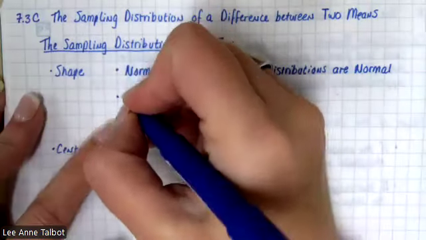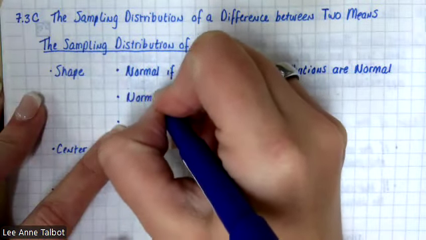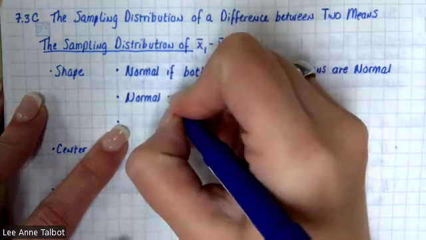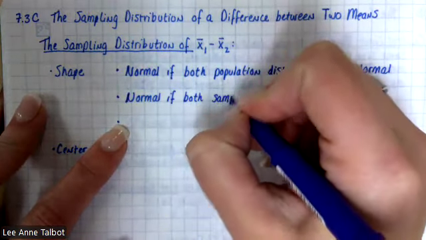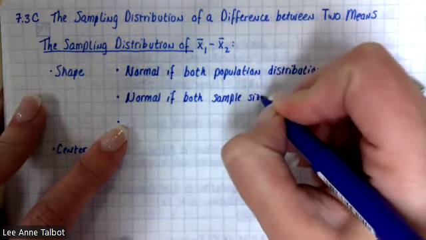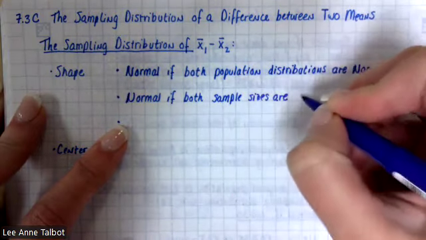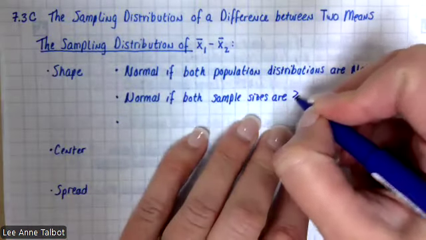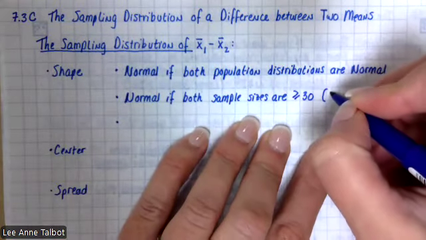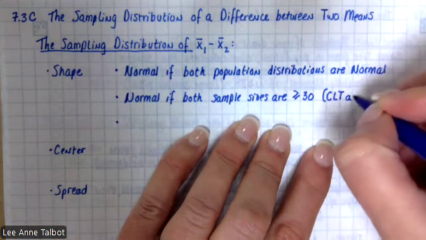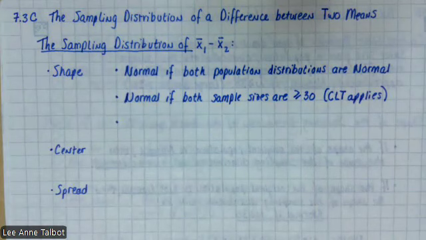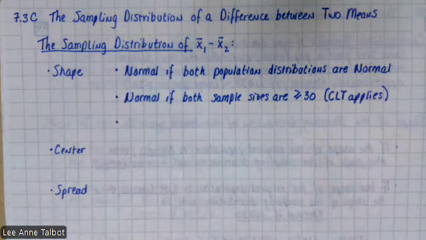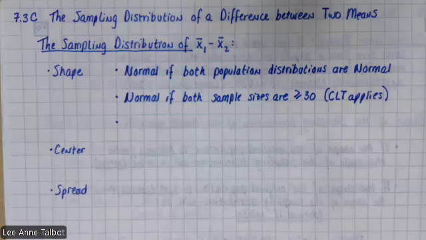Okay, also normal, it's an N. If both of the sample sizes are greater than or equal to 30, then you say BLT applies.